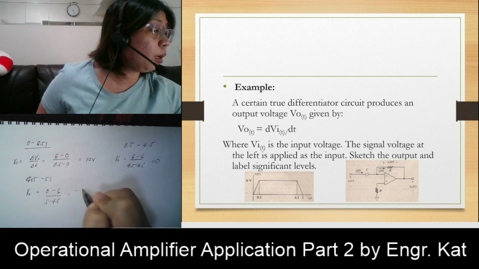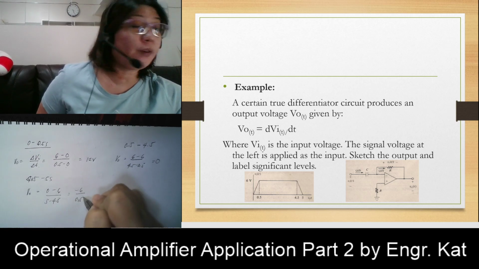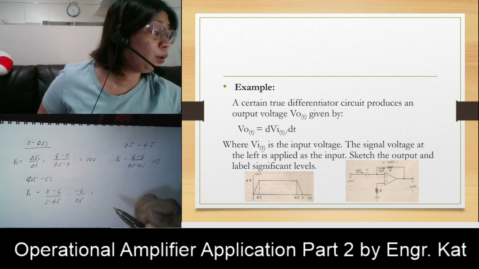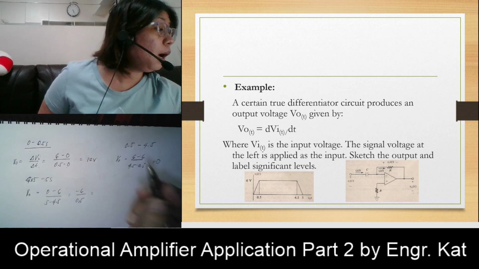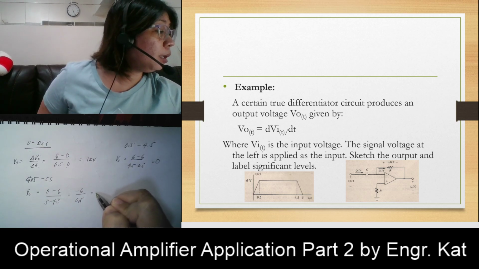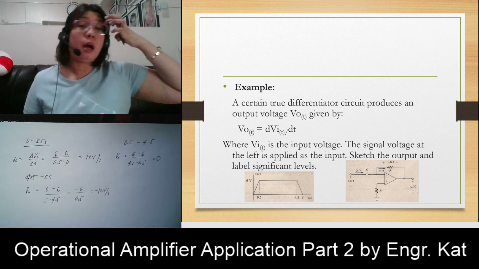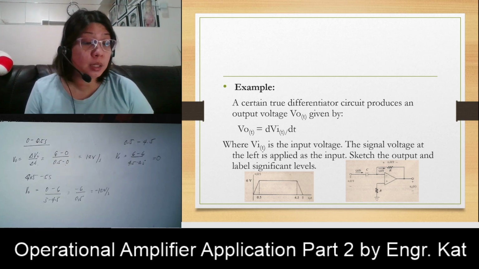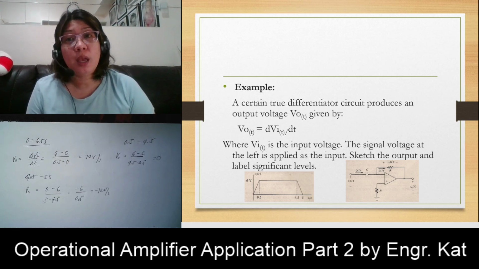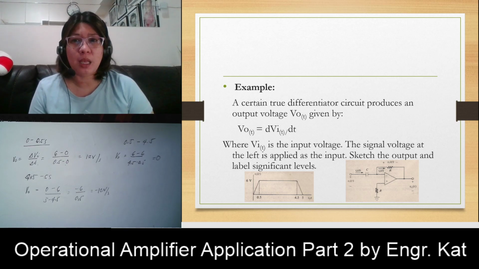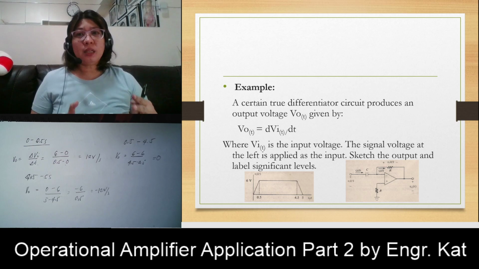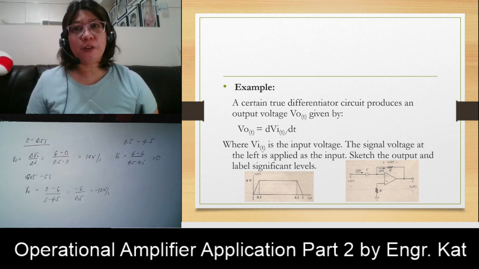In this case, we have negative 6 all over 0.5, which is equivalent to negative 12 volts per second. Since this is change in voltage with respect to change in time, the unit is voltage divided by second. So these are the scenarios for our three different inputs.